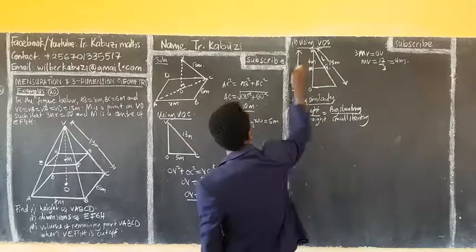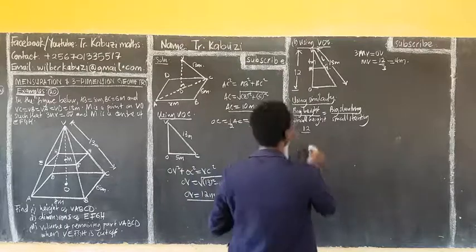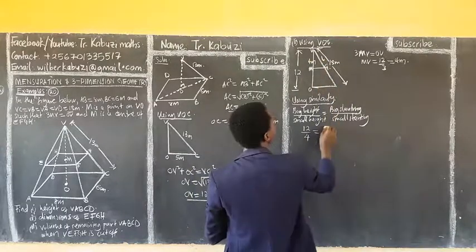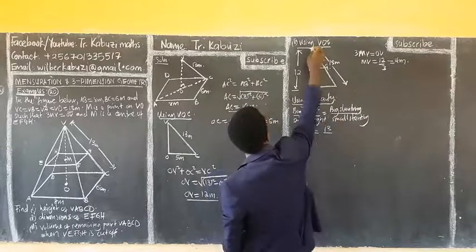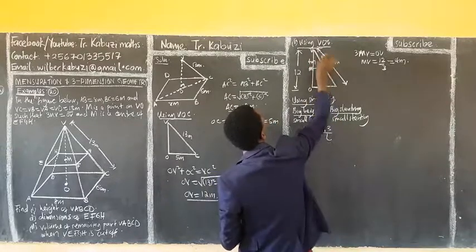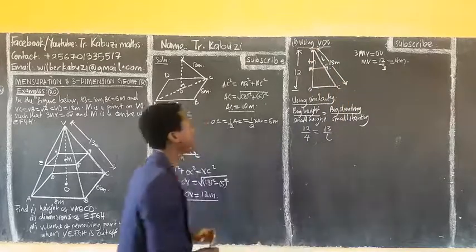So the big height is 12 over the small height, which is 4, equal to the big slanting, which is 13, over the small slanting, L. So this triangle VMG is similar to VOC. They are similar.